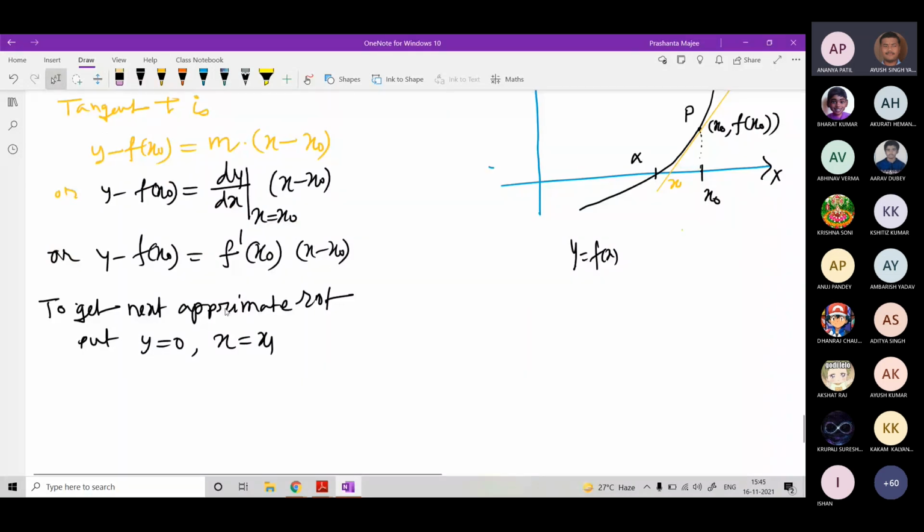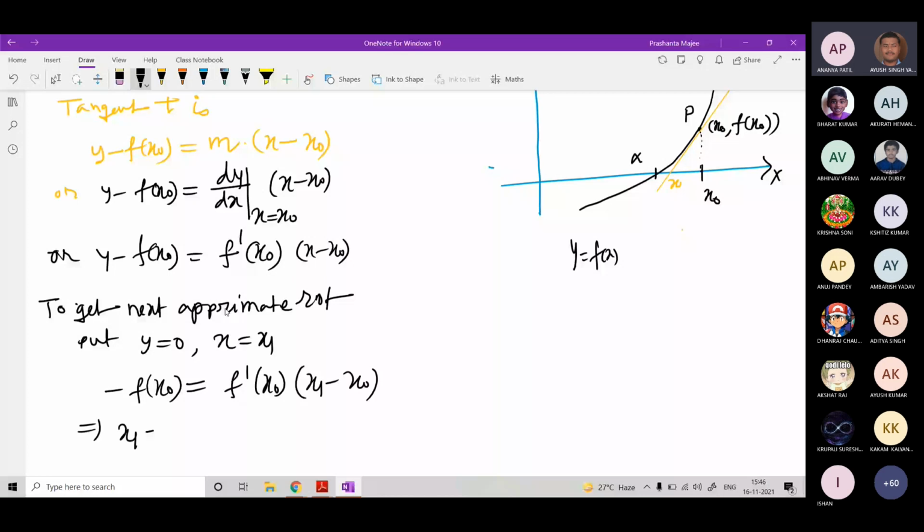So that will give you minus f of x0 equals f dash x0 into x1 minus x0. So what is x1? x1 equals x0 minus f of x0 by f dash x0. Is it okay to you?